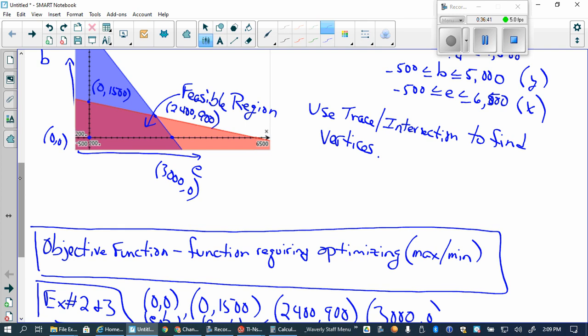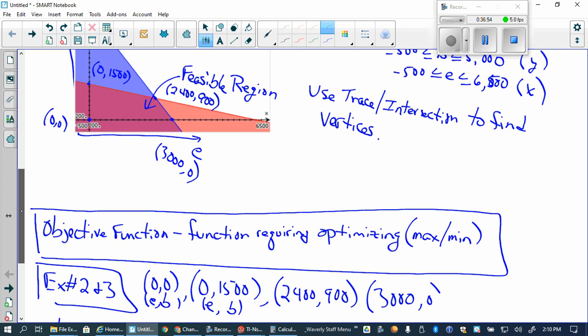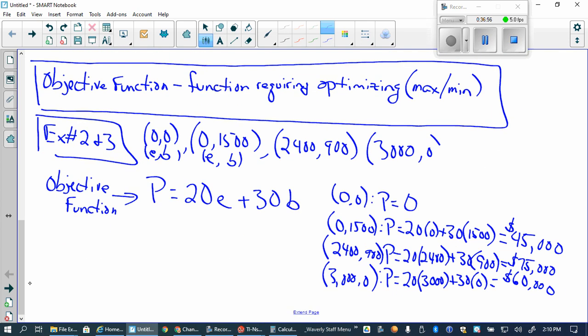The only way to do that is to be at a vertex, or all four constraints in this case. Okay. So which one of these makes us the best profit?